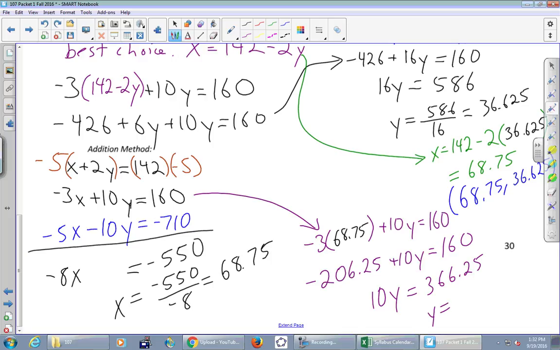And then we divide by the 10, 36.625. So that's our answer. Again, probably want to write it like we did in blue here with the coordinates, 68.75 comma 36.625.